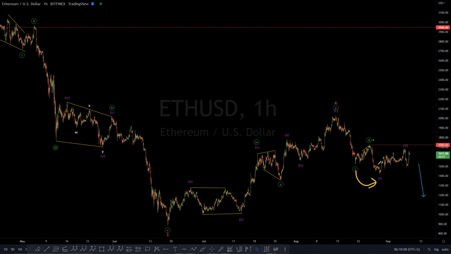And this whole move here might still be a wave 2 in green, after which we would expect a move lower within wave 3 in green. We would expect wave 2 in green to reach a certain retracement level of this move to the downside before we can call it completed or expect the instrument to turn down, right?